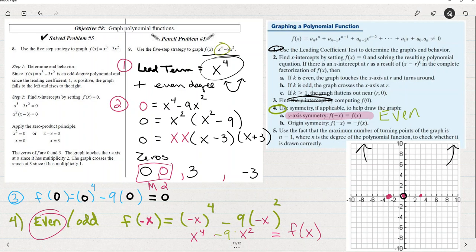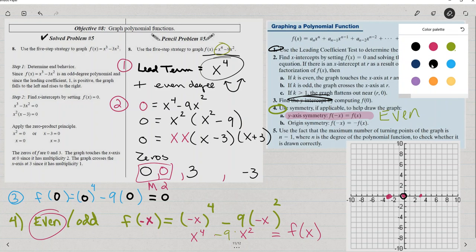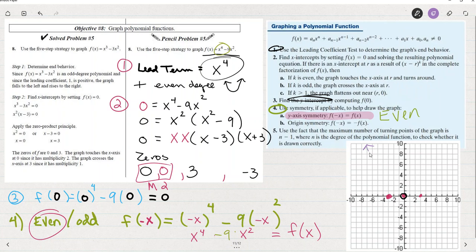So I know now enough to be able to graph the function. Let me get rid of these pieces here. So if I know I'm starting up here, I've got to get down here, and I know that that -3 had multiplicity 1, so I know I cross through. And I know that at the 0, I'm going to touch it and bounce back, and then cross through when x is 3, and I know the end behavior has us rising to the left, rising to the right.